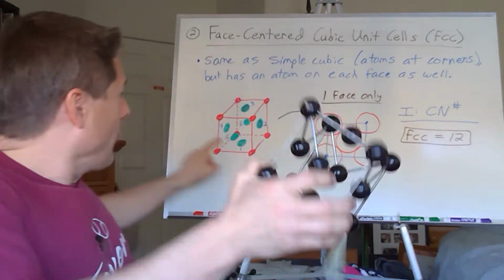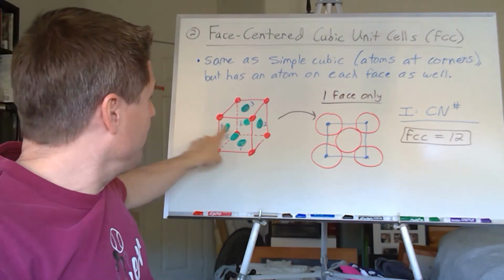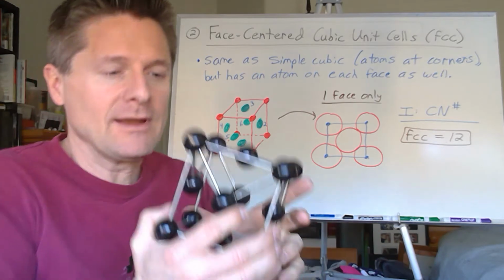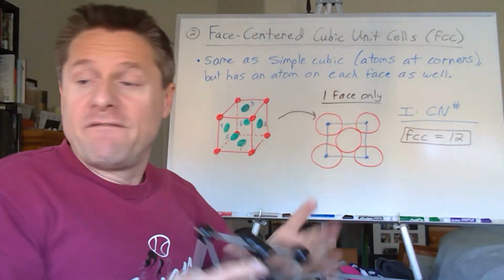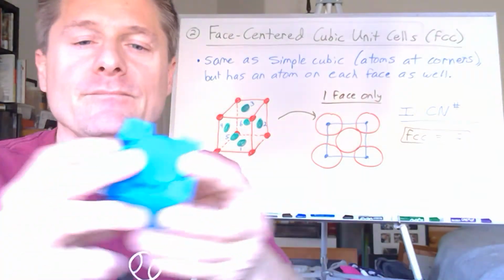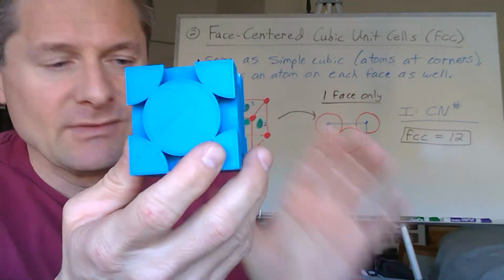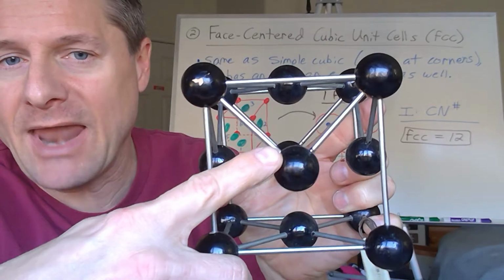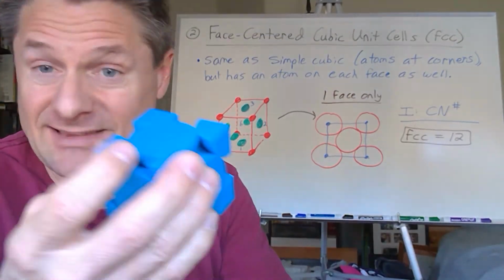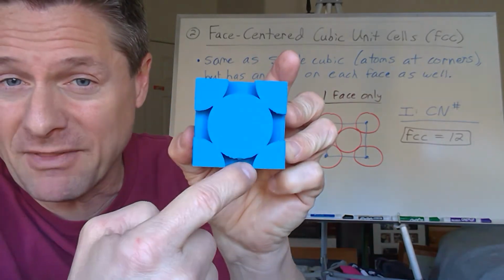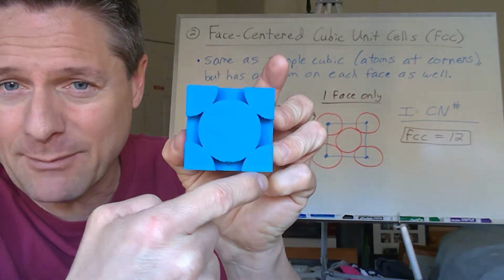All right, so I drew the corners in red and the faces in green. If you blow up just one face of it, you can see the atom in the face, and this is the space filling model. So you can actually see the atom on the face there. It's touching the atoms in the corners.